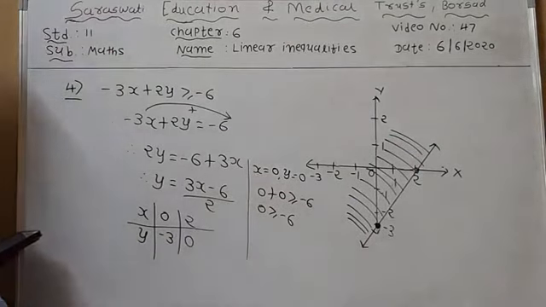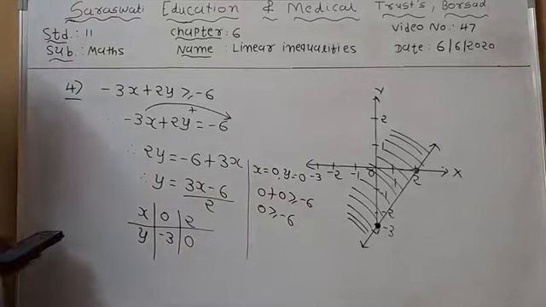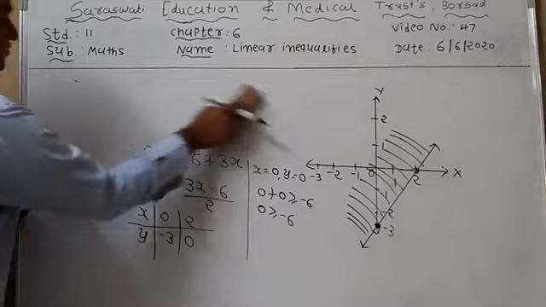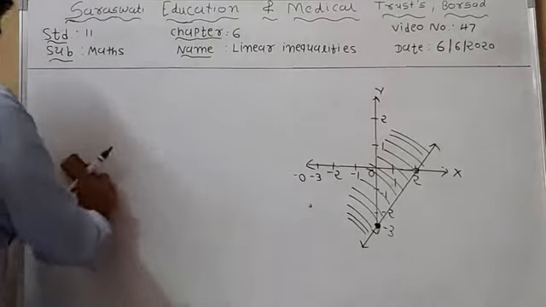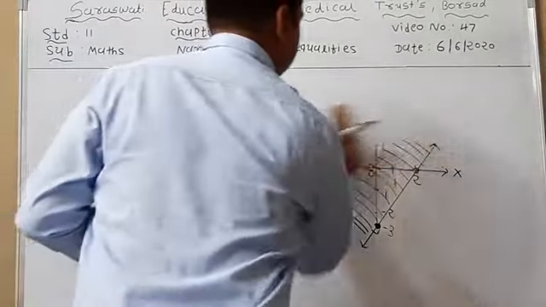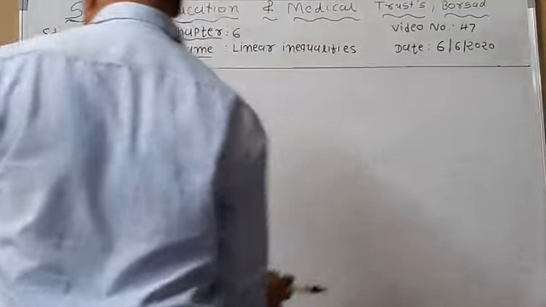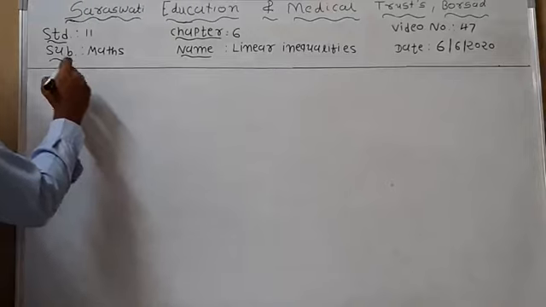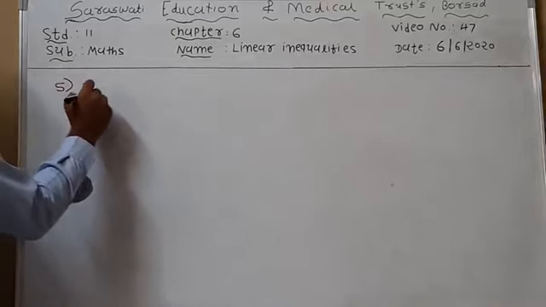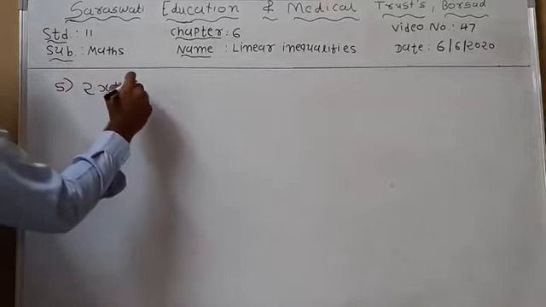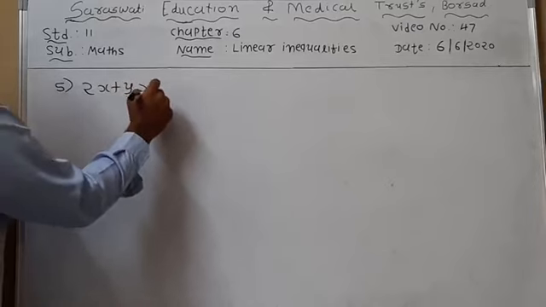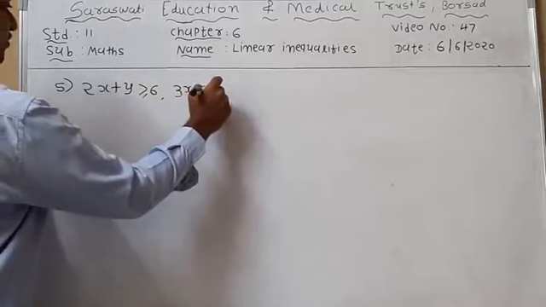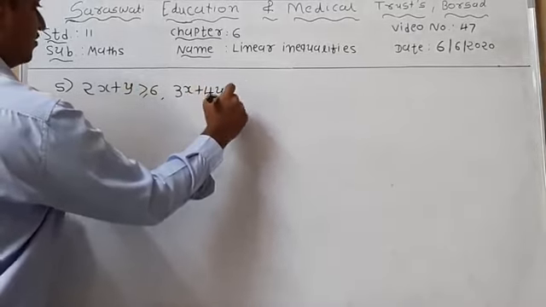Solve the following system of inequalities graphically. Here the conditions are: 2x plus y greater than or equal to 6, and 3x plus 4y less than or equal to 12.